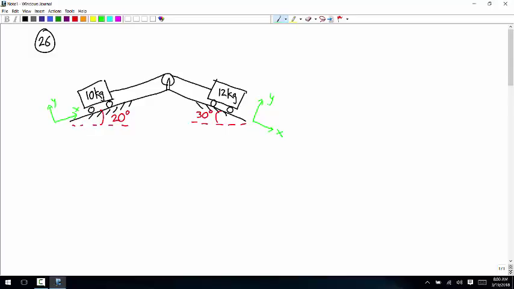Just think of it this way. We're going to use this coordinate system to come up with a relationship between variables that's true. And then separately, we're going to use this coordinate system to come up with another relationship between variables that's true. And if they're both true, you have to be able to solve them as a system. So there's no reason those have to be the same coordinate systems.